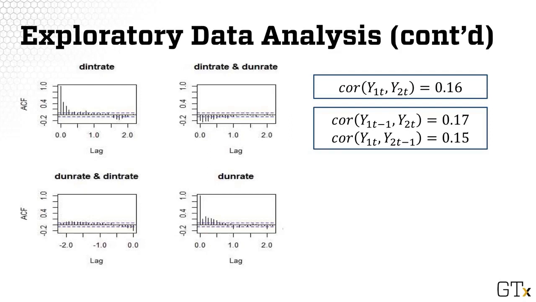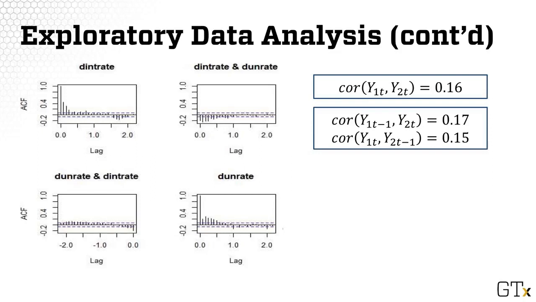The cross-correlation plot with unemployment as the lag time series and interest rate as the lead time series is in the lower left plot. The correlation estimates are small, suggesting plausibly no lead relationship of the change in the interest rate to the change in unemployment rate.